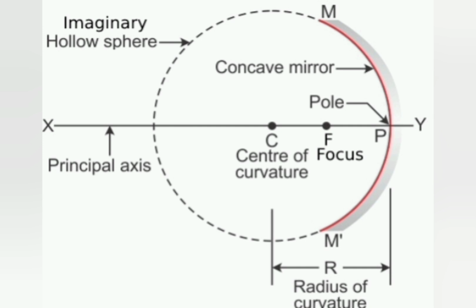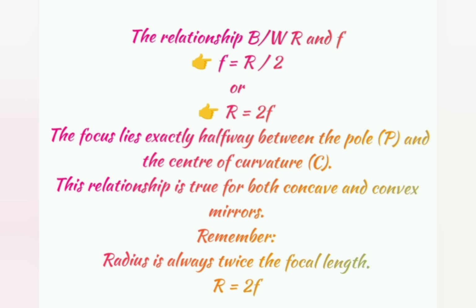Now let us understand an important relationship in spherical mirrors, like a formula. You know about focal length and you already learned about radius of curvature. There is a relationship between them: F is equal to R by 2, where F is focal length and R is radius of curvature. That means the focus lies exactly halfway between the pole and the center of curvature.